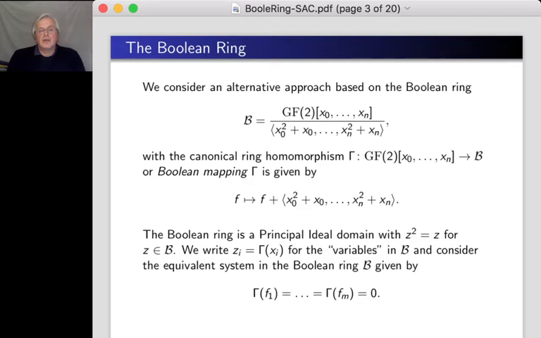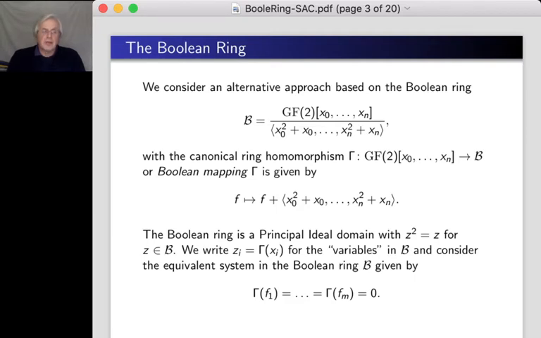And with this quotient ring, we can obviously define a canonical ring homomorphism from the original polynomial ring over GF2 to the Boolean ring with the kernel given by this ideal. So this is a mapping that takes a polynomial f and maps it in the quotient ring to f plus this ideal.